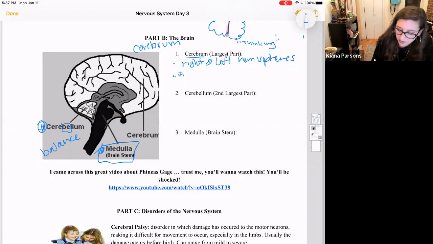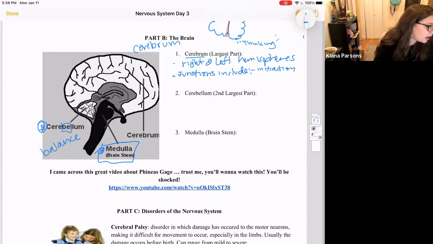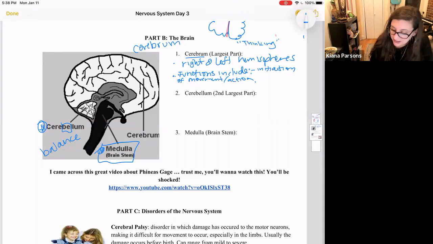So functions include initiation of movement or action, sensing temperature, fine touch, reasoning, judgment, vision, hearing, problem solving, emotions, and learning.